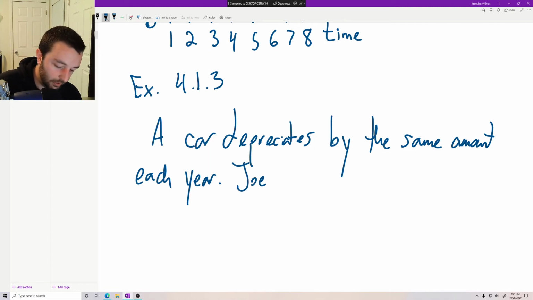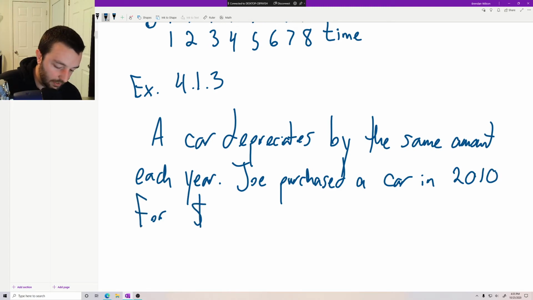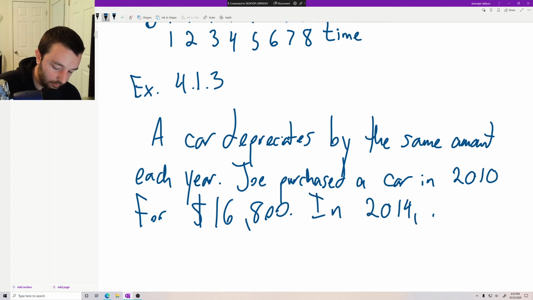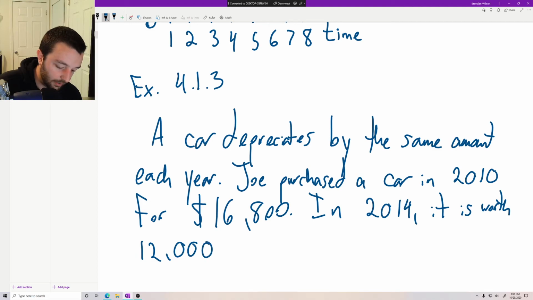So it says Joe purchased a car in 2010 for $16,800. In 2014, it is worth $12,000.